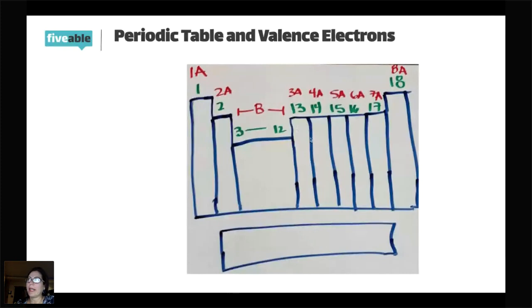And if we move to the 4th one? So we can see a pattern now. Correct, Paula. So it would be 1, 2, 3, 4, 5, 6, 7, 8 valence electrons.